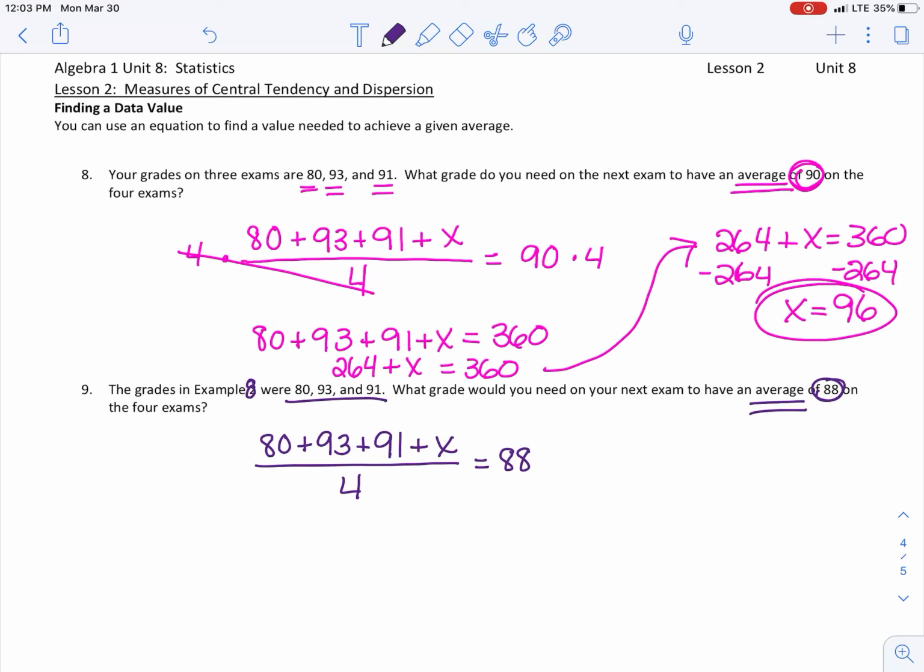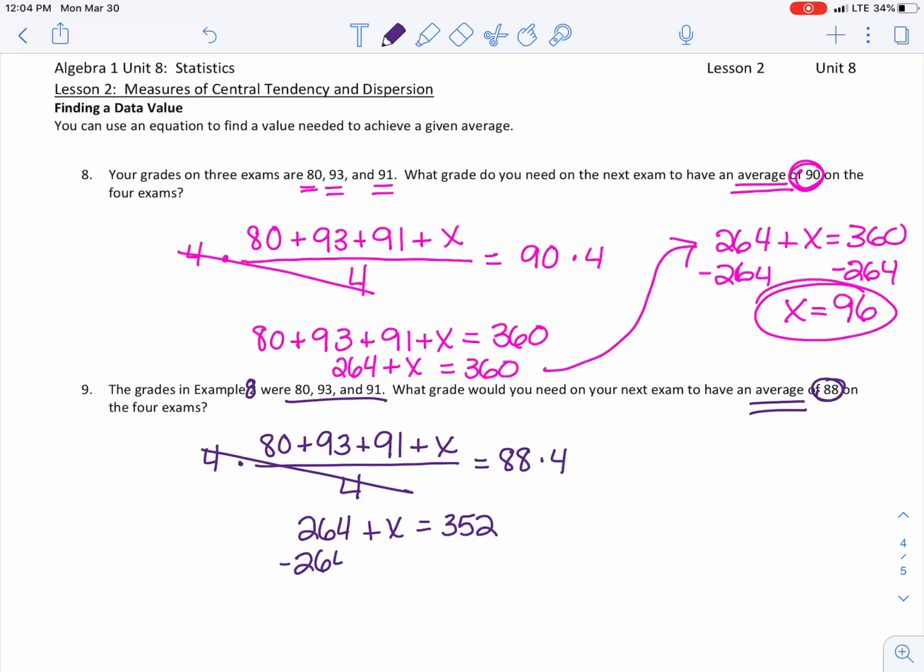Okay, so again, we have to get rid of that 4. So we are going to multiply both sides, because if you multiply one, you have to multiply the other side. We already know really that 80 plus 93 plus 91 gives us 264. We already did that math in the previous example. And we're going to say, instead of 360 though, 88 times 4, which gives us 352.